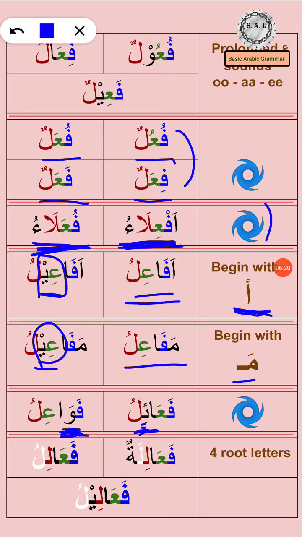Now, these three patterns are for the words that are composed of four root letters. So we have fa'alilatun, fa'alilu, and fa'alilu. Or you could always say it like this: fa'alilu, fa'alilu, and fa'alilatun.